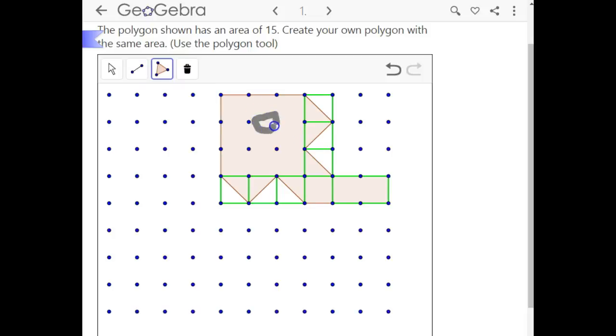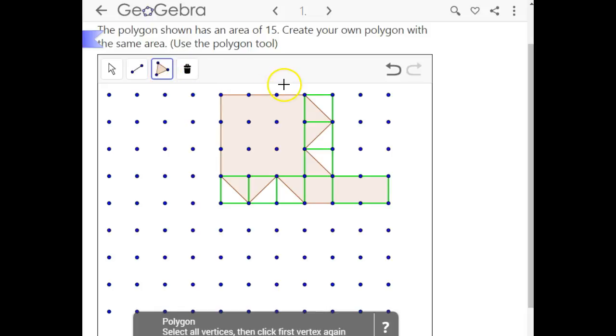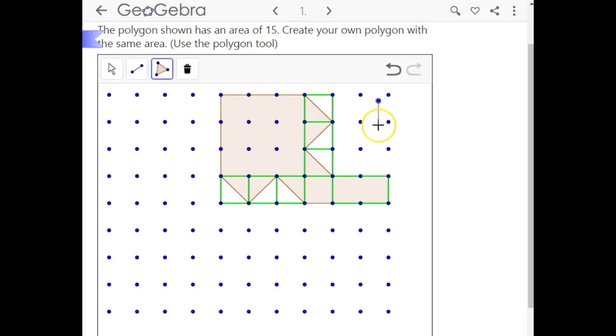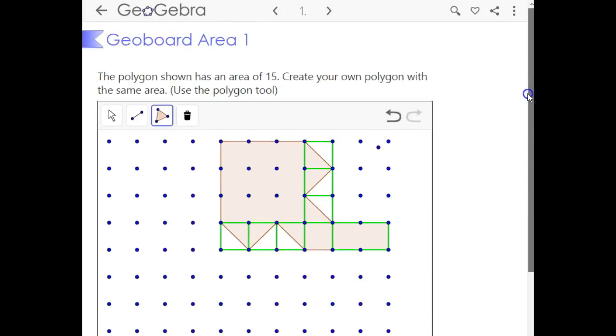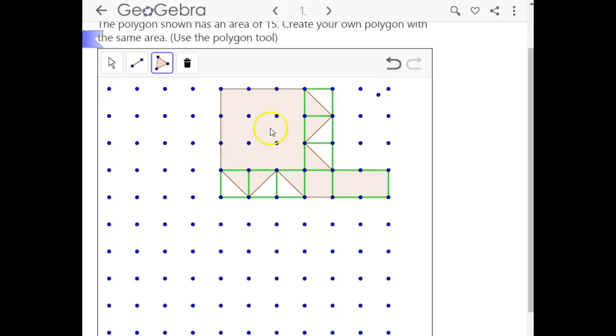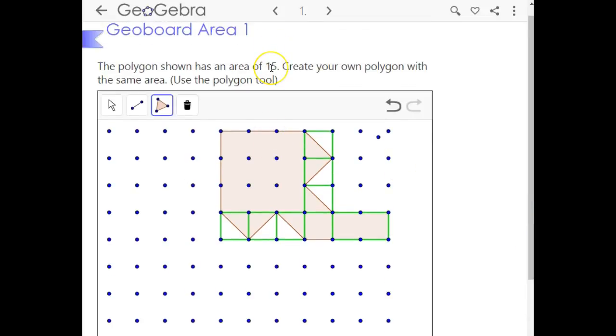This we said was 9. Nope, that doesn't work. Okay, so that's 9, 10, 11, 12, 13, 14, 15 units. And that's 15 units there.